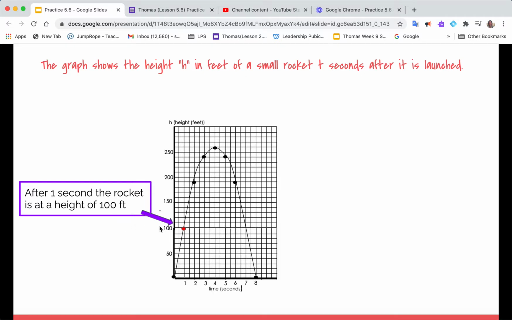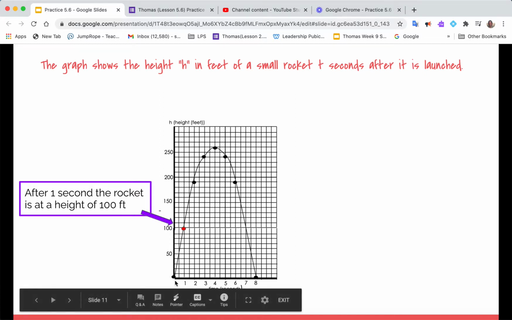The second question we're asked is to find the x-intercept of the graph and explain its meaning in the context. So x-intercepts are features of our graph or function that we've studied before. It's going to be where your graph is intercepting, touching, or crossing your x-axis. And so that is happening at two places, where x is 0 and where x is 8.